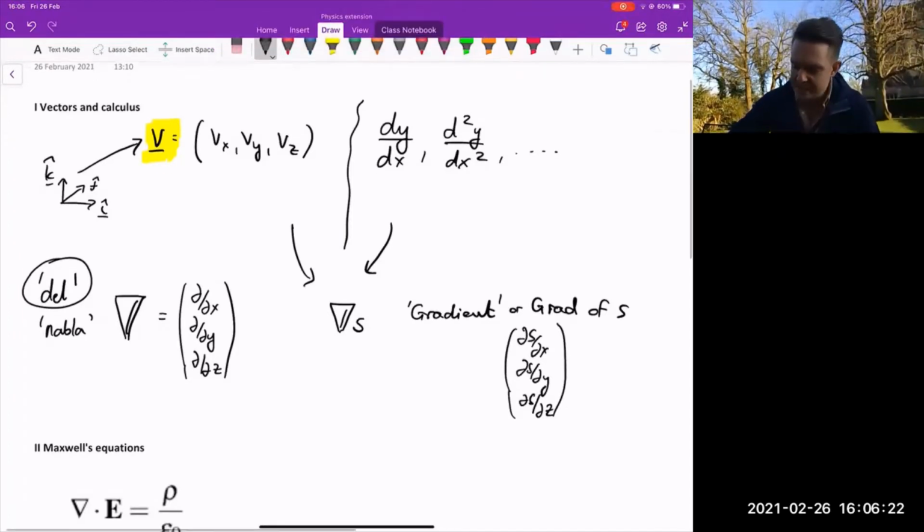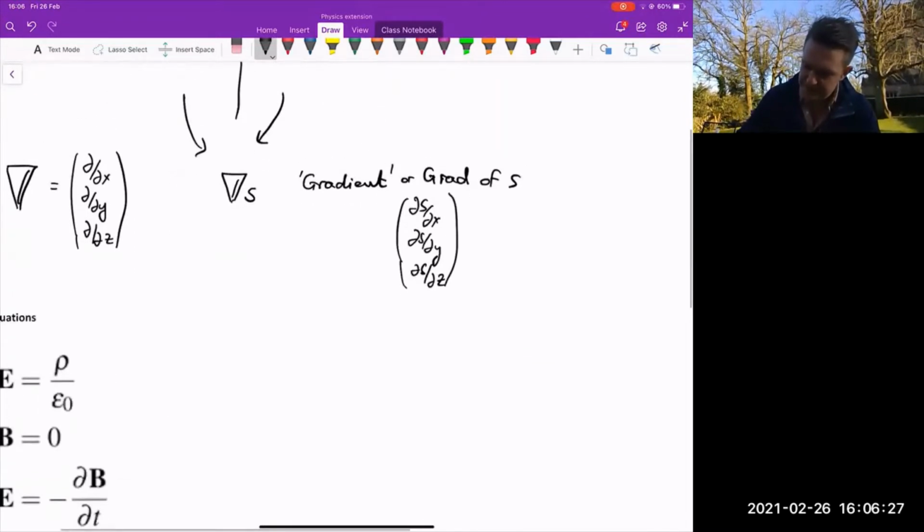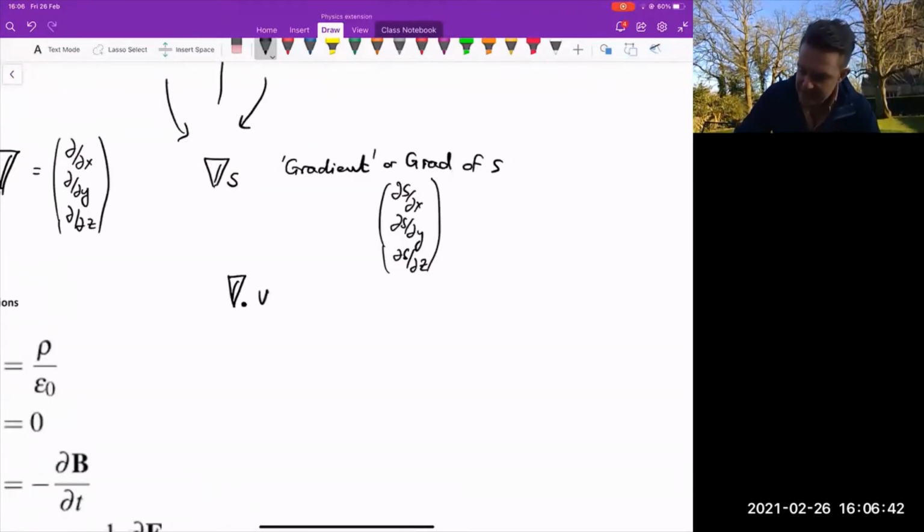The next thing you can do is called the divergence, which involves something called a scalar product, a way of multiplying vectors together. If you find the scalar product of the gradient operator, del, and a vector v, that gives you the divergence, or div, of v.